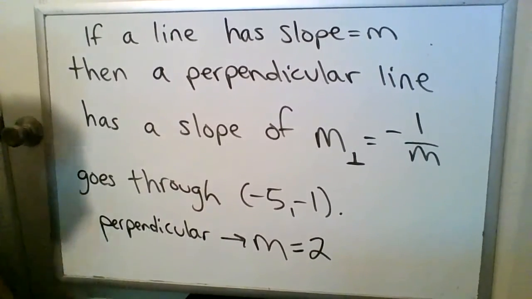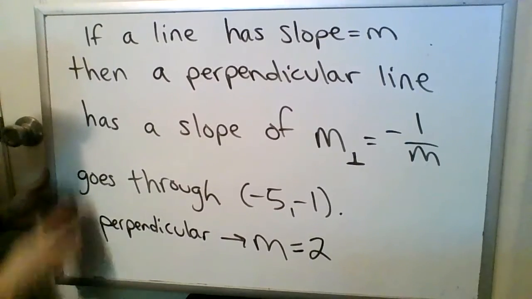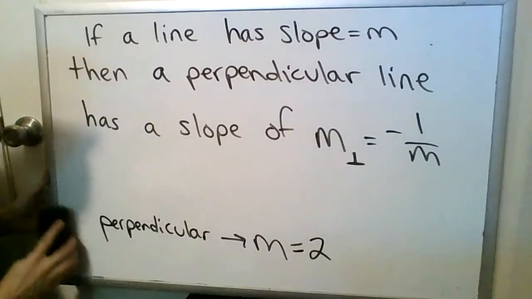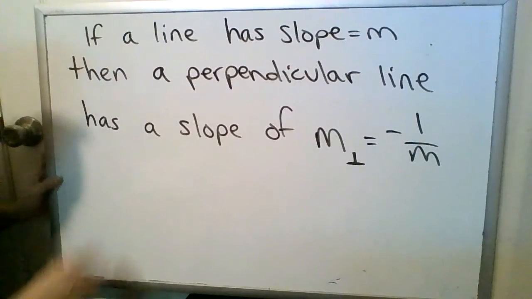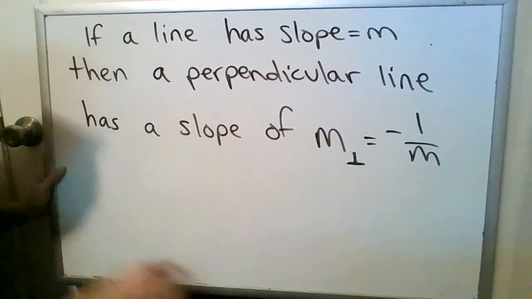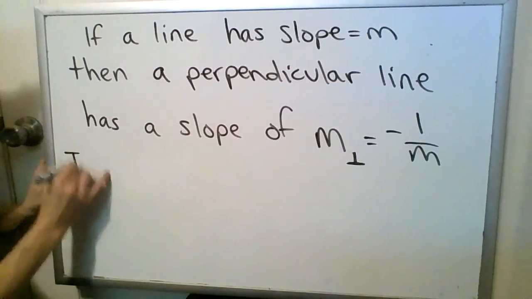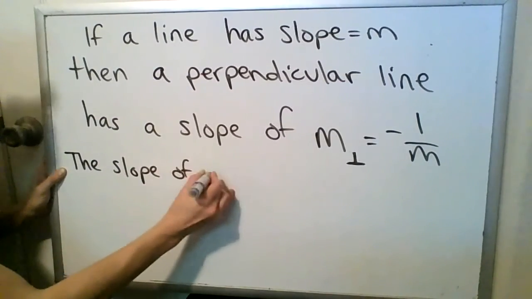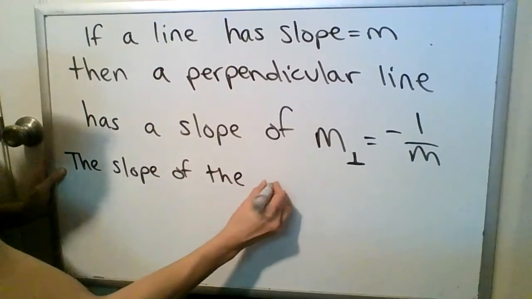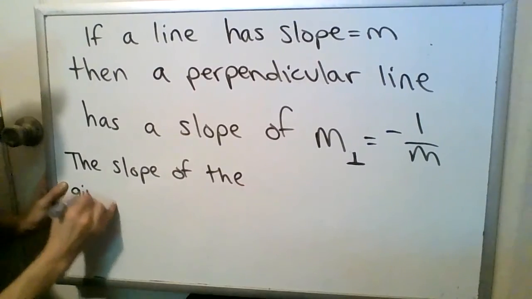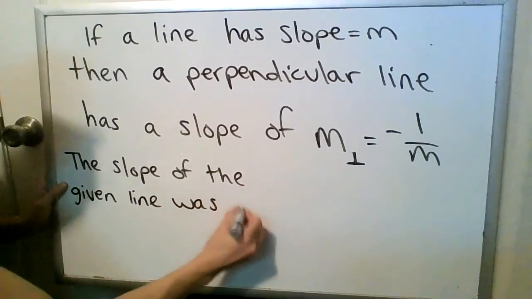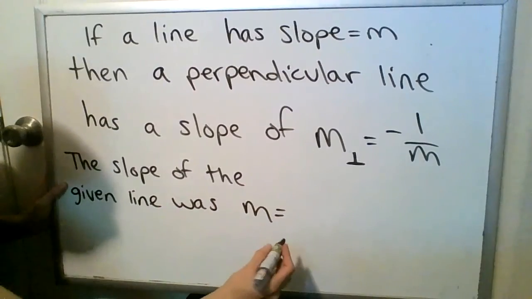Okay, so I took down that we were using this point, and I just want to go back to the slope we had. It was negative 1/2.